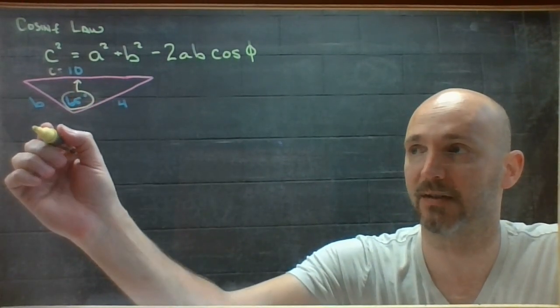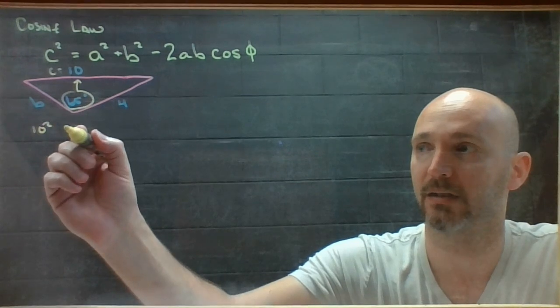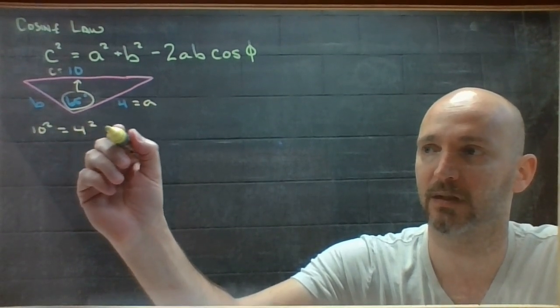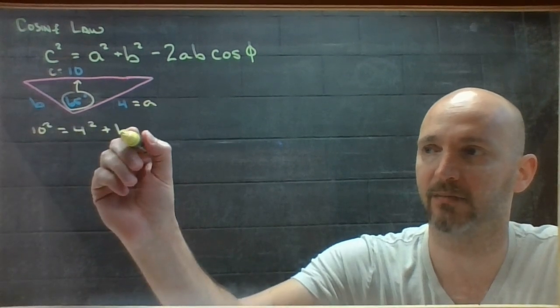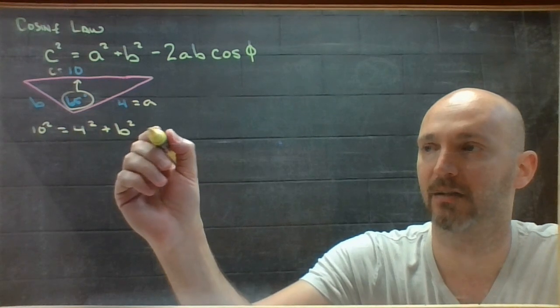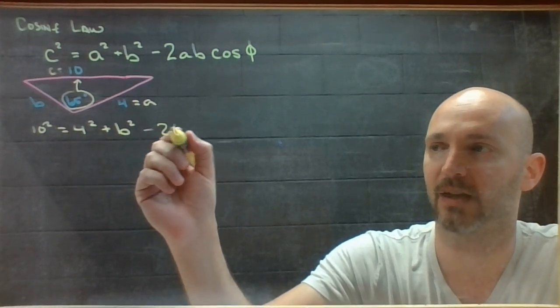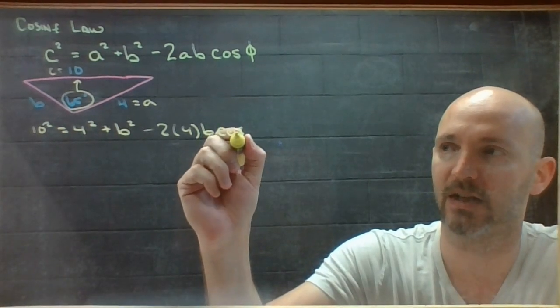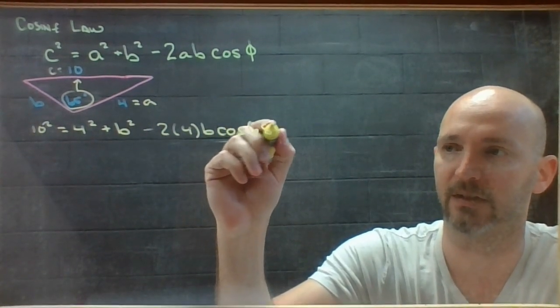I'm going to have 10 squared is A squared plus B squared. And it's going to stay B because I don't know that side yet. Minus 2 times the A value times B times the cosine of the angle in question.